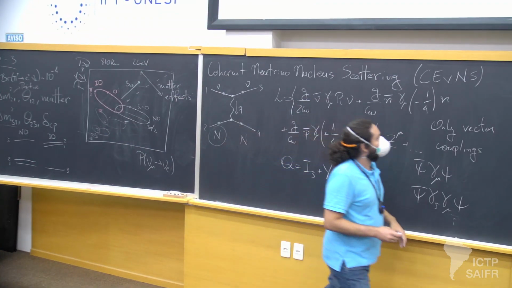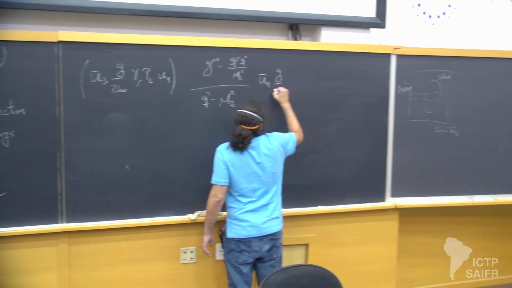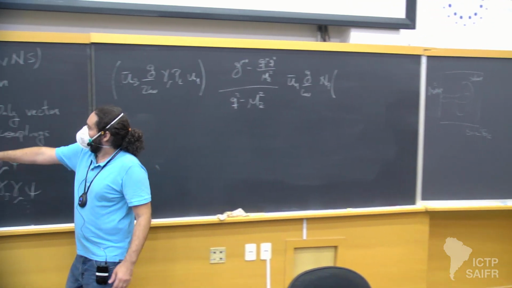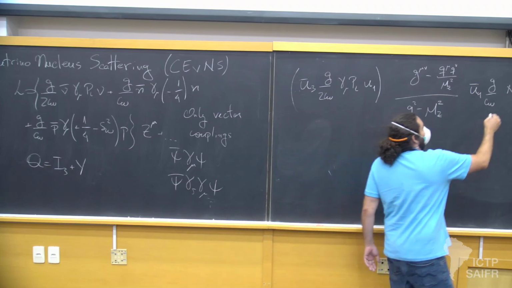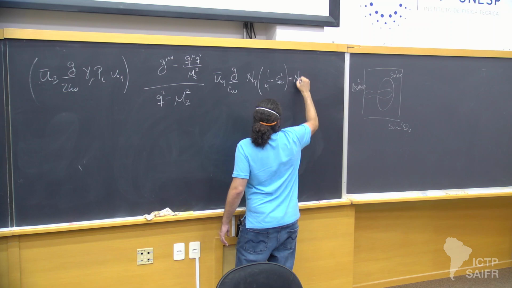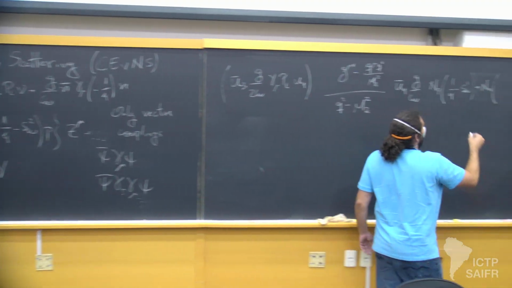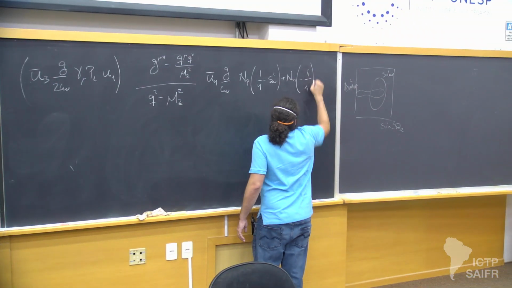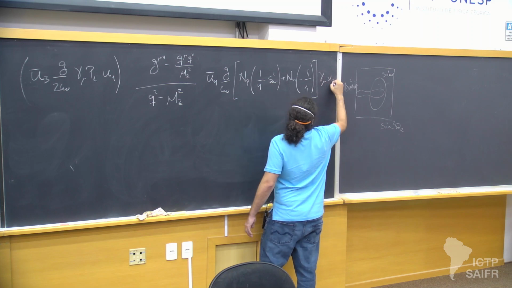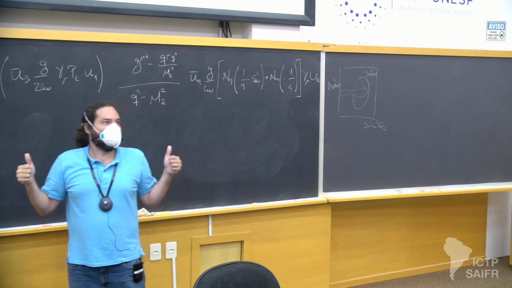So this is gamma mu, with the sum of the charges: G over CW, the number of protons times this, 1 over 4 minus SW squared, plus the number of neutrons times that, minus 1 over 4, gamma mu U2. Good? Is that okay?